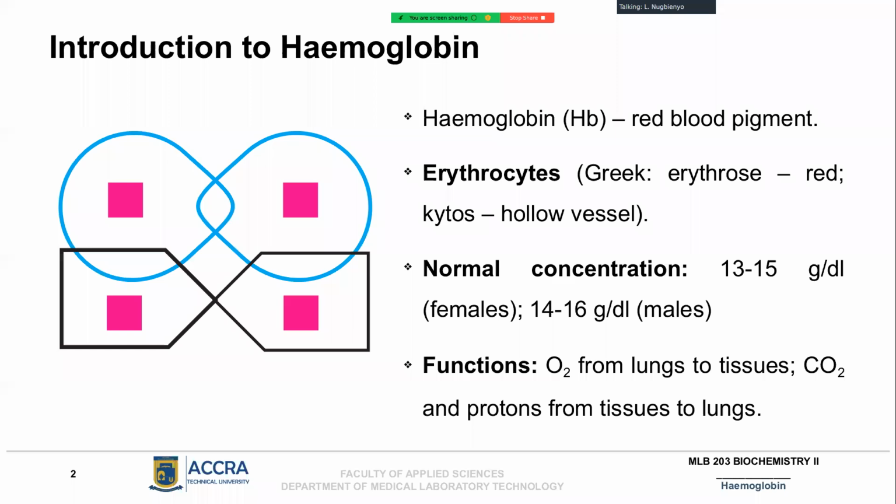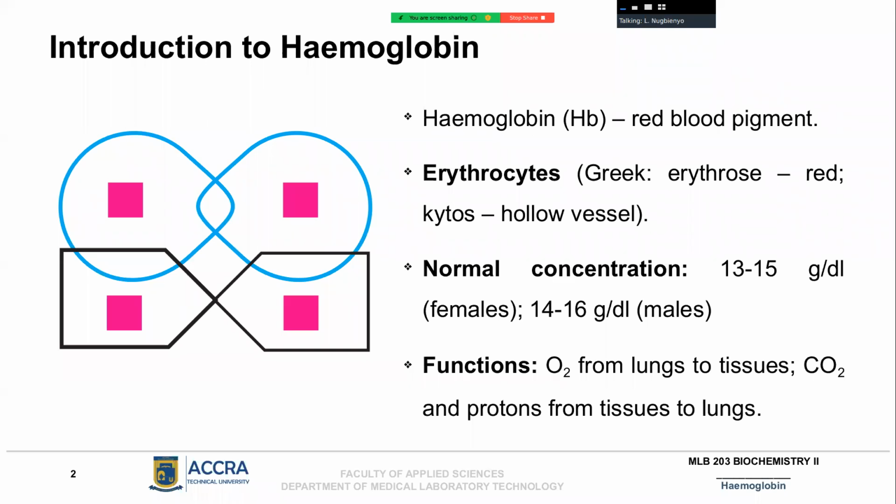We know hemoglobin to be the pigment in blood that is responsible for the red color of blood. And that is to say that hemoglobin is a red pigment. Of course, this we find in erythrocytes, that is in red blood cells.